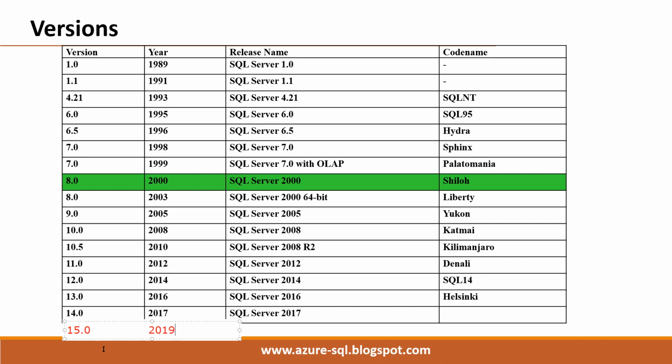But in an organization, remember, we have to work with different versions. Even though 2019 is our latest version, we can't say that all our production servers are 2019. Some servers may still be 2012, 2014, 2016, or 2017, old versions.